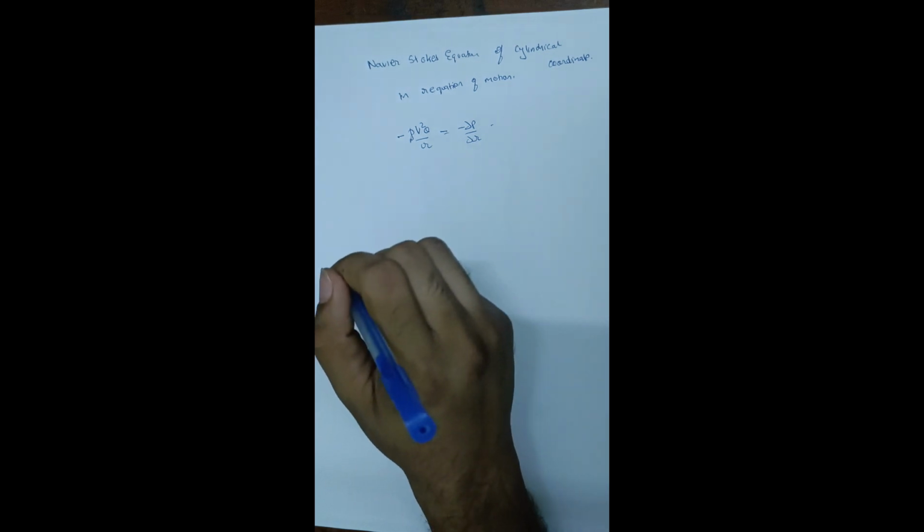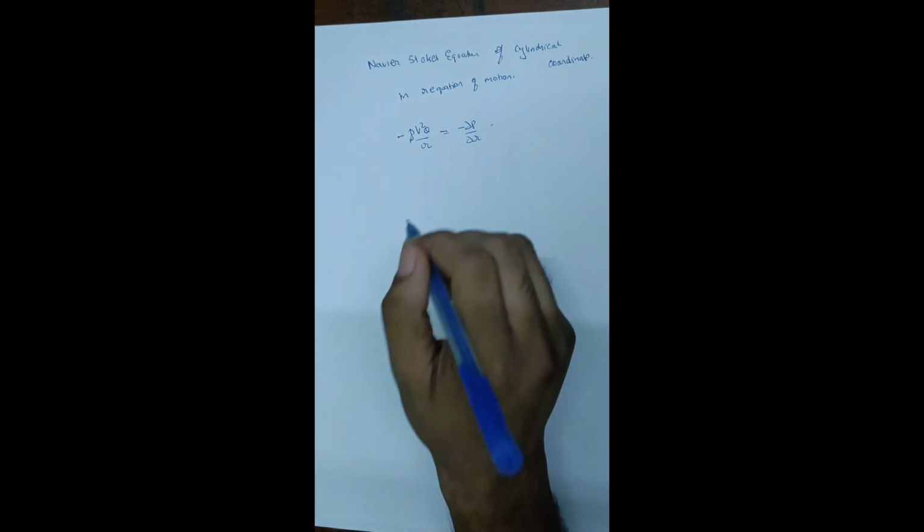So this is our Navier-Stokes equation in the r equation of motion.